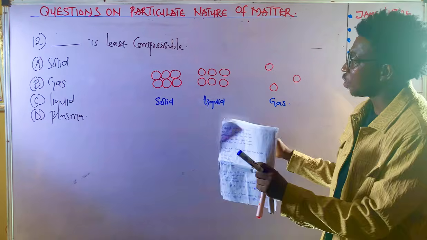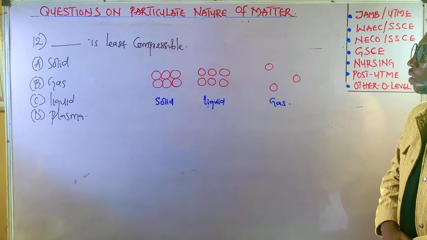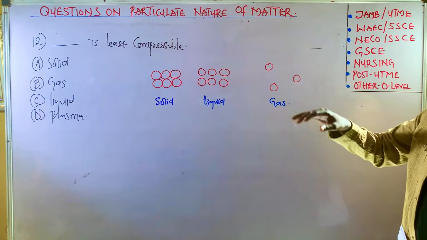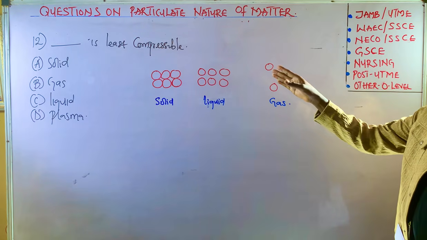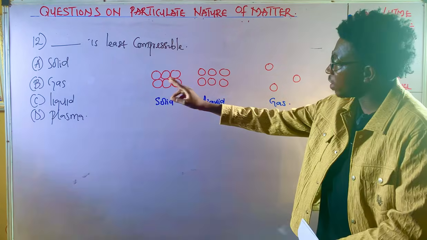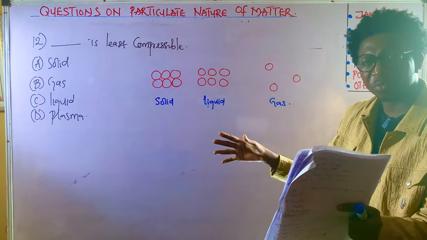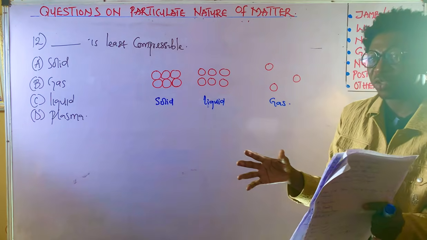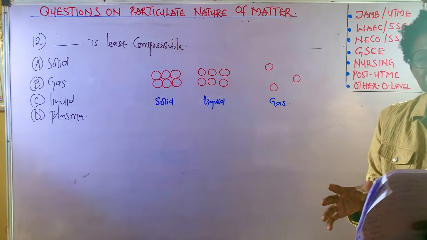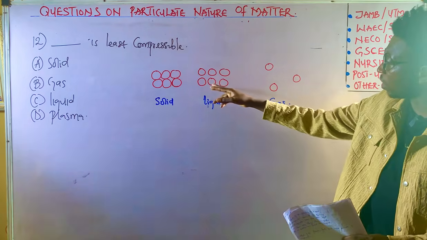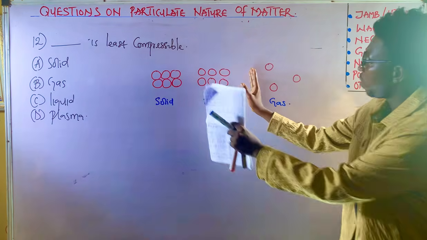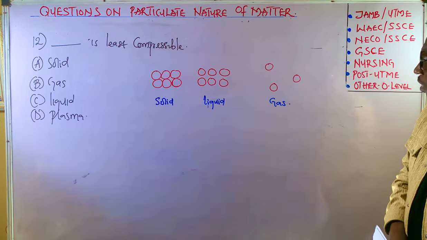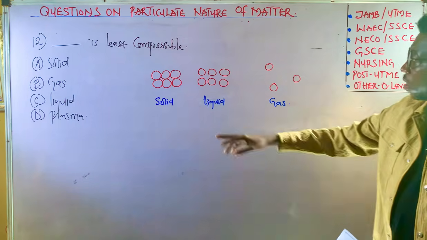So that's what we're trying to say. Which of these will have the least, which is least compressible? I cannot compress solid again, right? Because there's no space for me to compress them. Compressibility means I'm trying to reduce the space between the particles. Now, there's space here, so we can easily compress it. So liquid is slightly compressible.